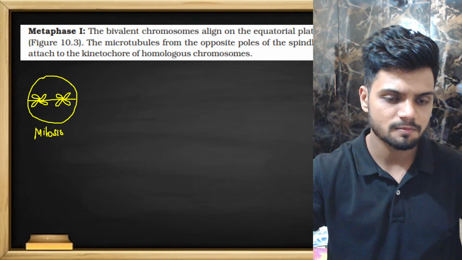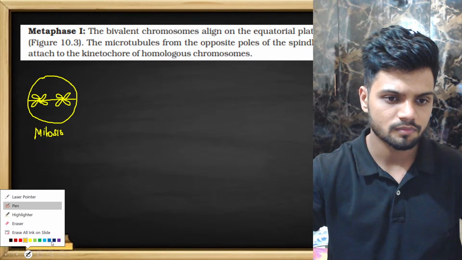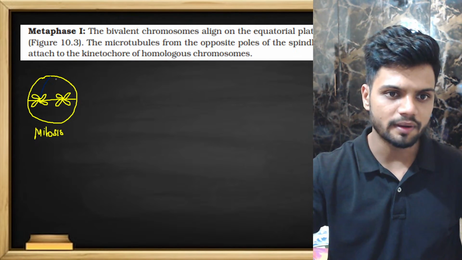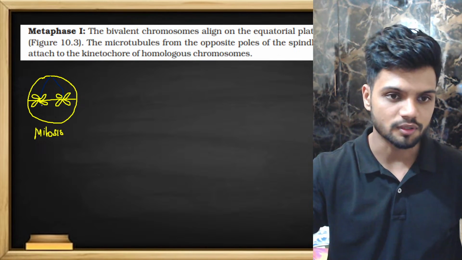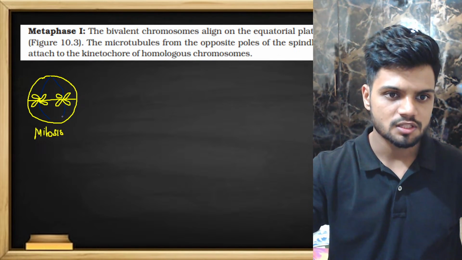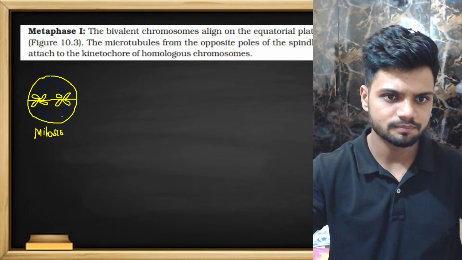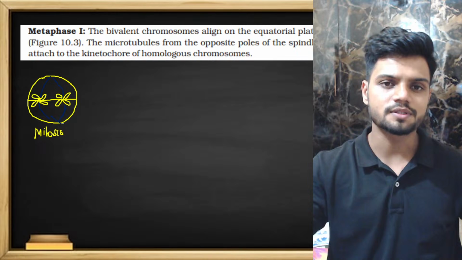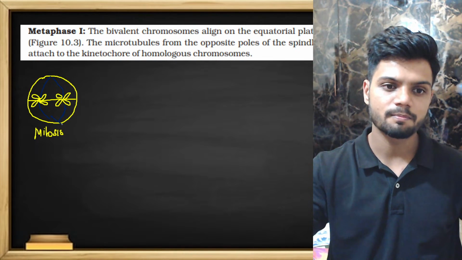Yes, we had something like this. The two chromosomes were separated. Here we had the chromatid coming in. We had the spindle fiber coming in. Spindle fiber also was here. This was in mitosis.